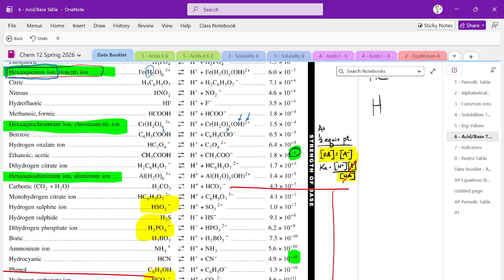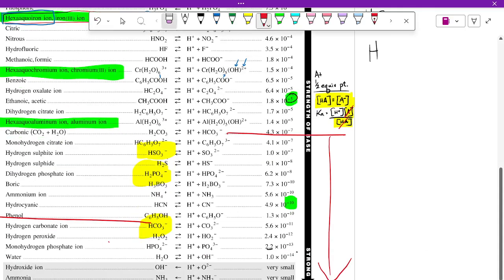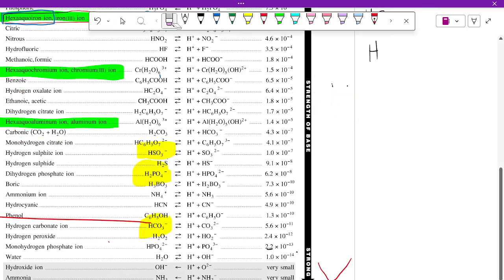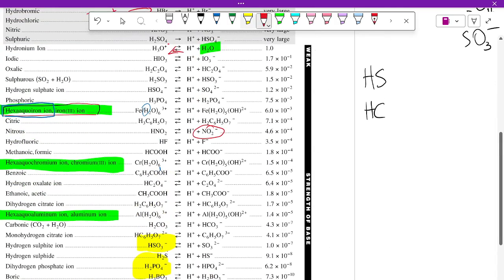We can just look. Sorry, because there's no Kb values on this table, it's really kind of stupid. We have NO2, which is here. We have PO4, which is here. And we have SO4, which is here.